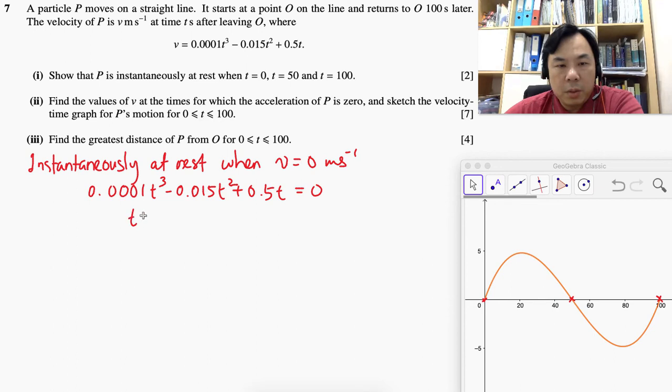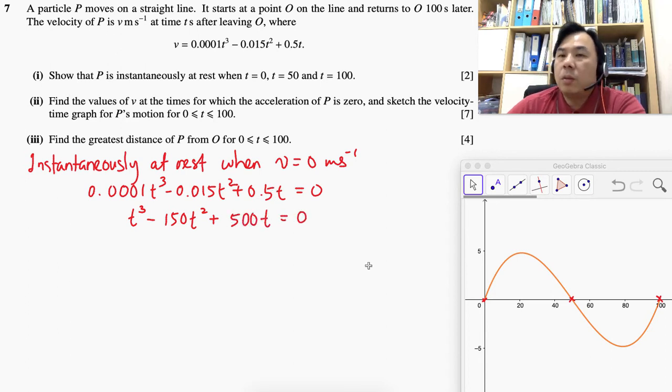Then you should have 150 t squared, and this one you multiply by 1,000, so that will be 500. Okay, so that should look something like this. And then factorization, of course.